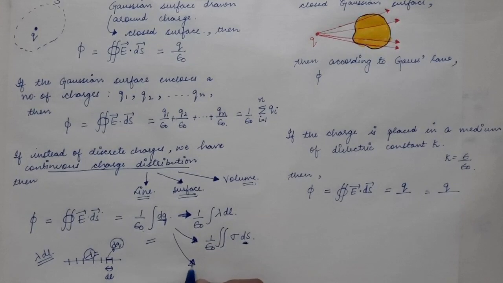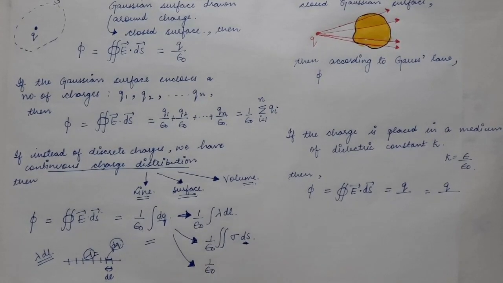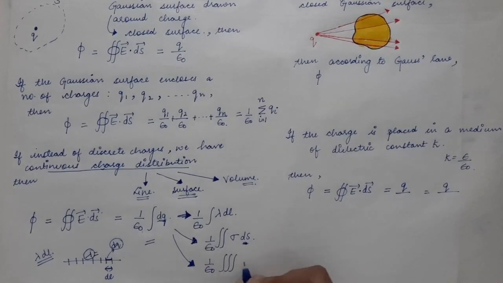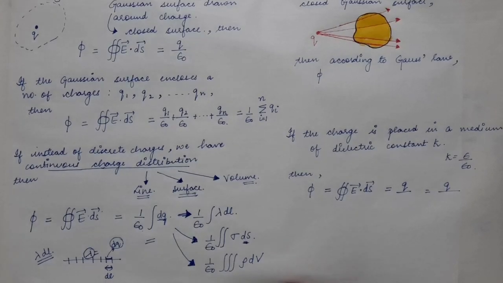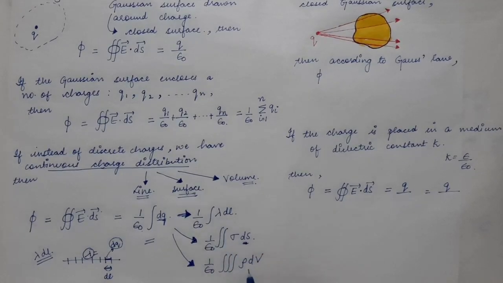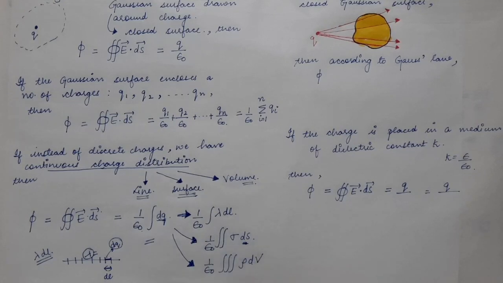And the last one is if you have a volume charge distribution, in that case the flux will be equal to 1 by epsilon naught into volume integration of rho into dv. If you have confusion about how we have written lambda into dl, sigma into ds, rho into dv, you can follow the lecture in which we discussed continuous charge distributions.